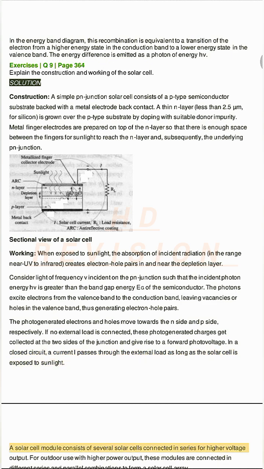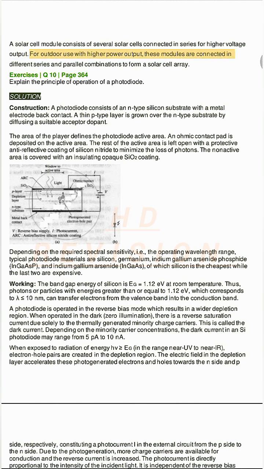A solar cell module consists of several solar cells connected in series for higher voltage output. For outdoor use with higher power output, these modules are connected in different series and parallel combinations to form a solar cell array. Exercises Q10, page 364. Explain the principle of operation of a photodiode.